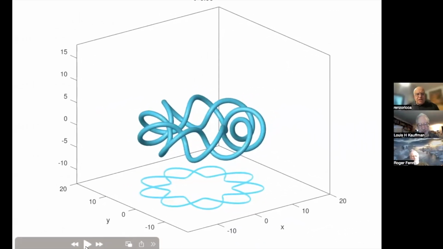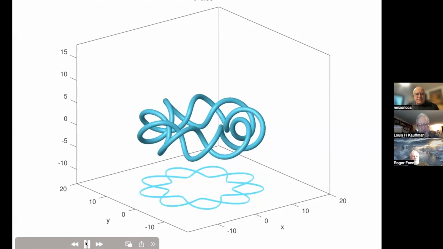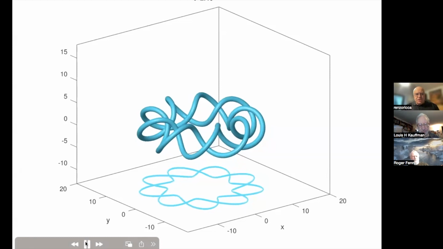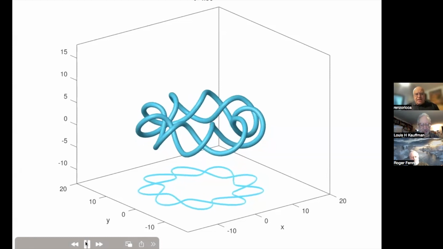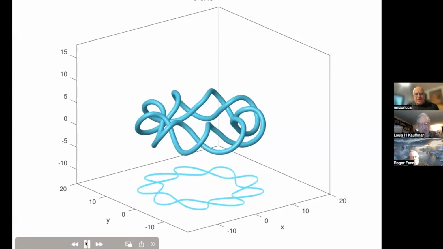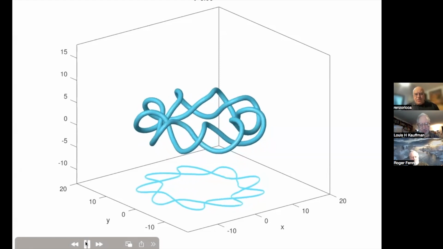To the movies. So this is the simulation. You probably see also time here. I click on time, and as you see, the torus knot rotates as well as translating along the Z direction.